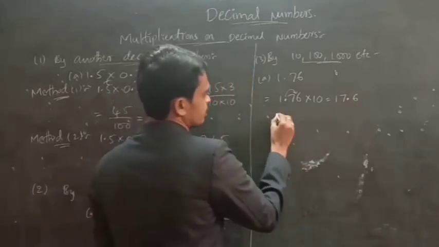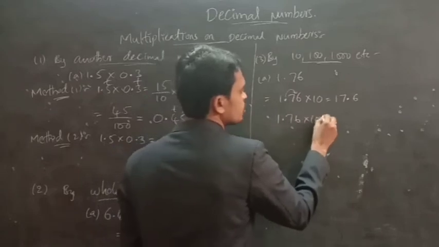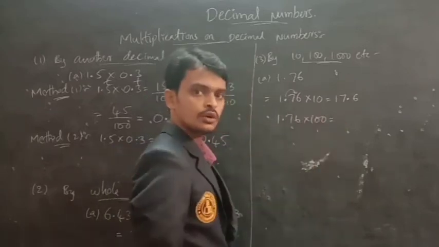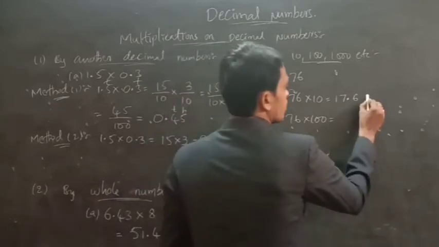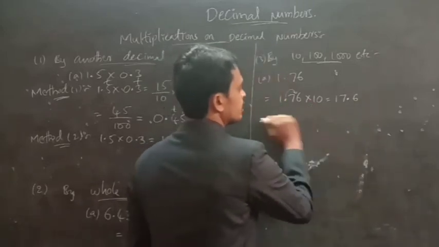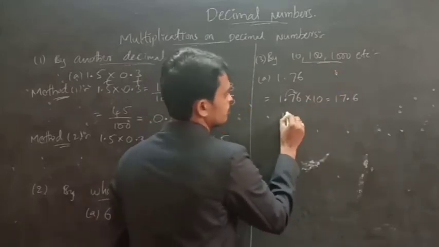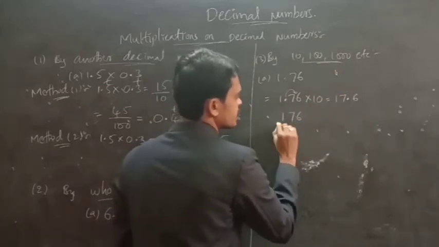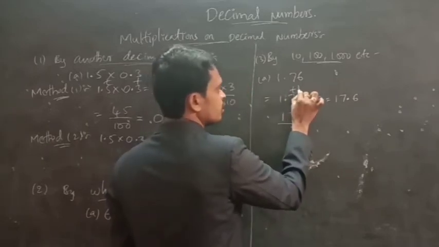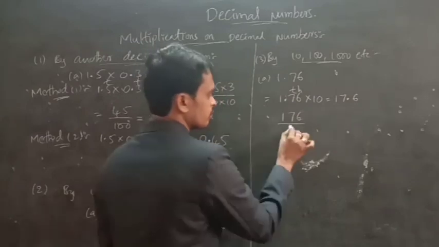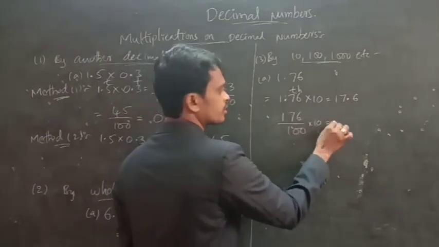Now let us multiply 1.76 into 100, or we can multiply in another way also. Look here, 176 by 100 into 10.